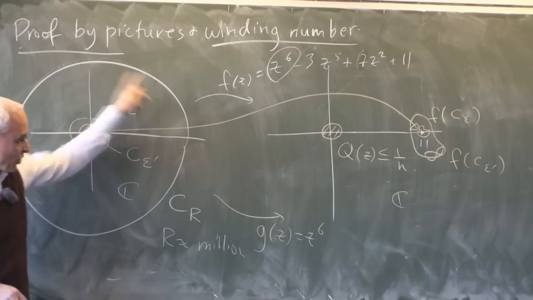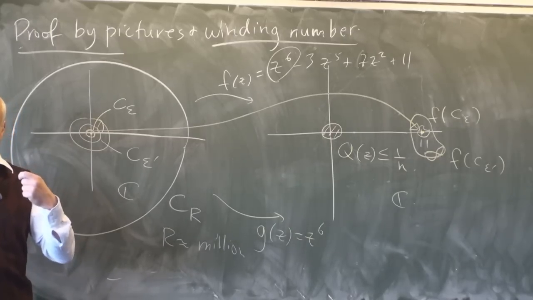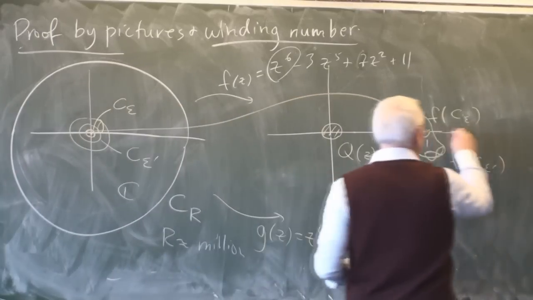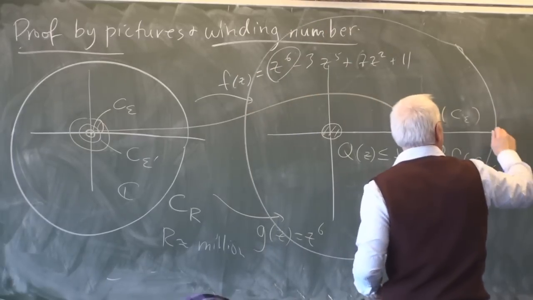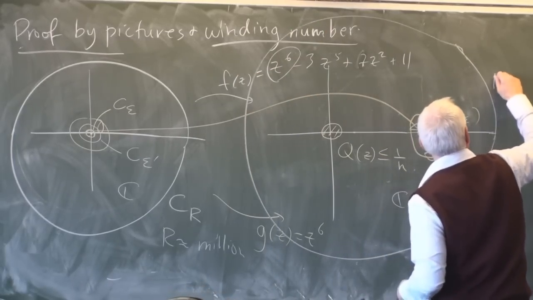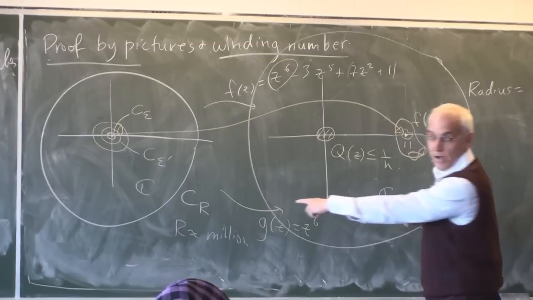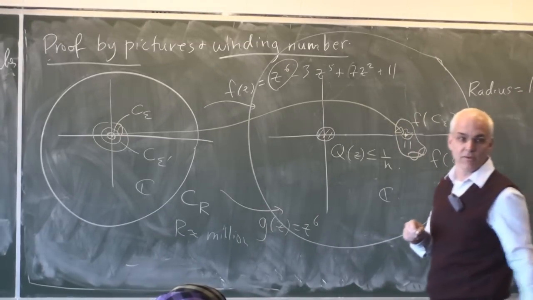Well, the image of a circle under the power z to the 6 map is very easy to understand. It's another circle whose radius is even bigger. If that circle has radius r, then this circle will have radius r to the degree, in this case 6.